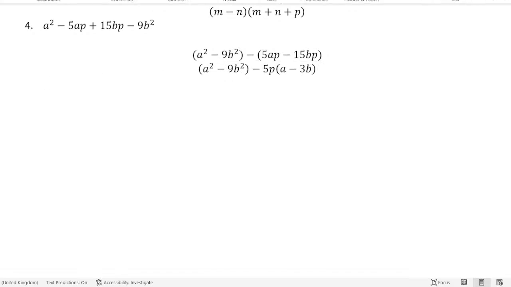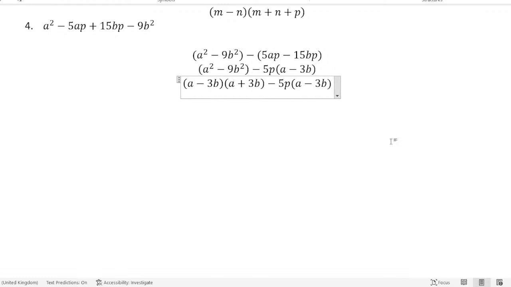Then now let's factorize fully. We're factorizing the difference of two squares: it's going to be a minus 3b into a plus 3b, right? Then minus 5p into a minus 3b, close brackets. So now what is our common factor?